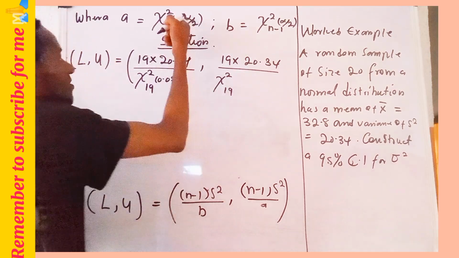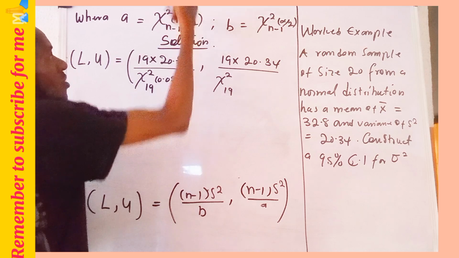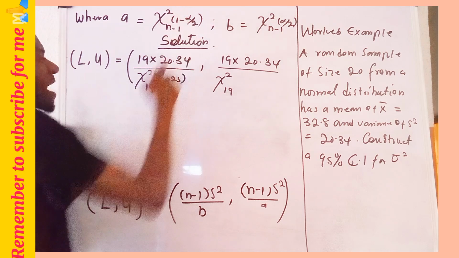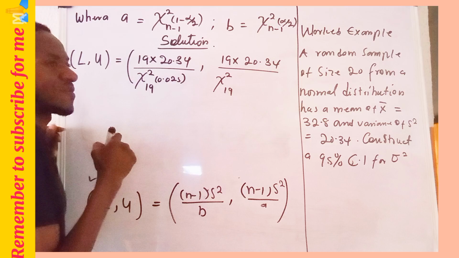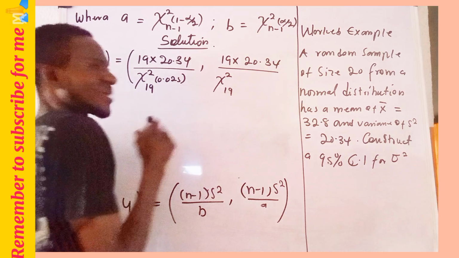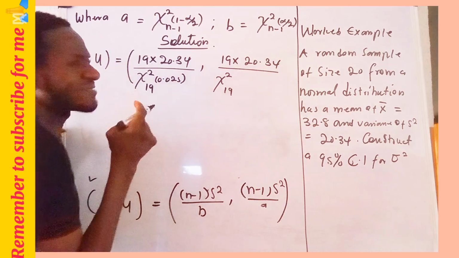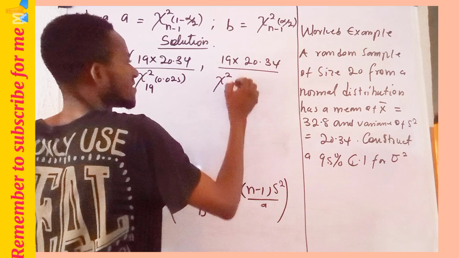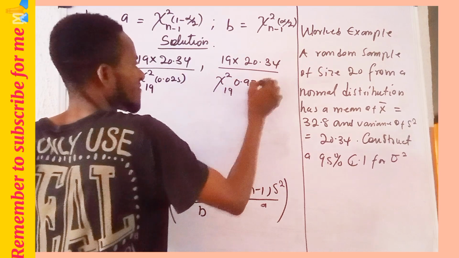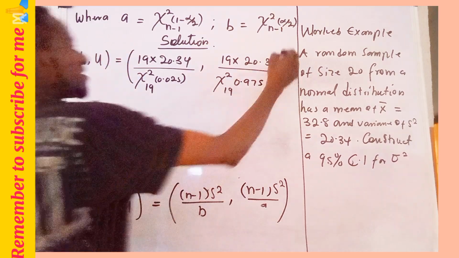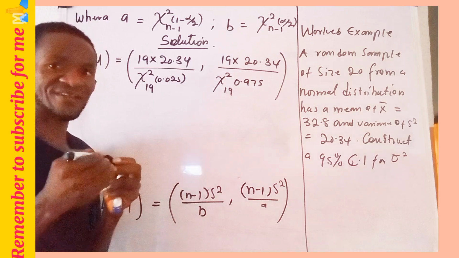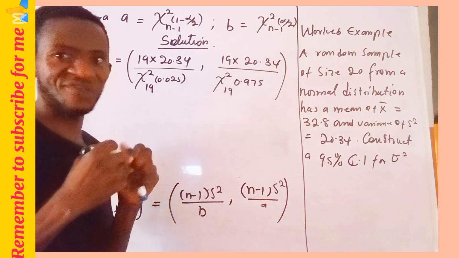Then here is 1 minus alpha over 2, which is the same as saying 1 minus 0.025, which will give us 0.975. So this becomes our confidence interval for one population variance.